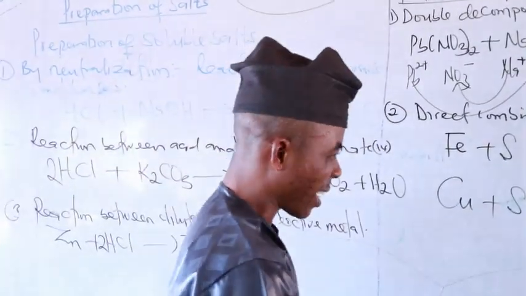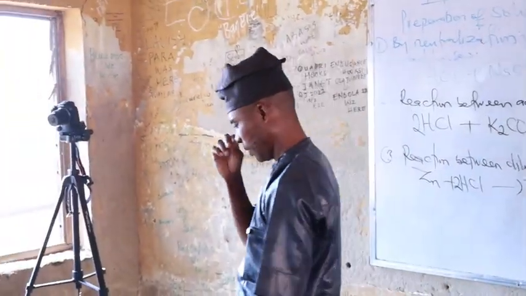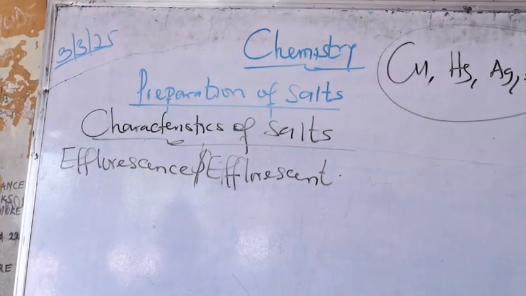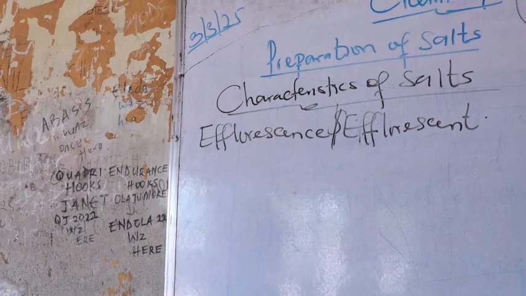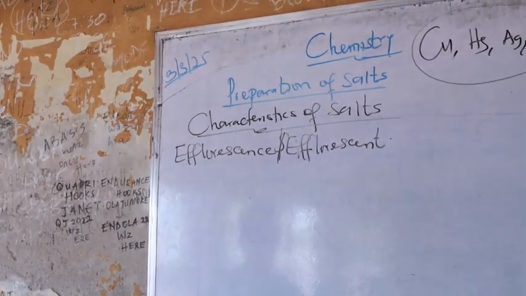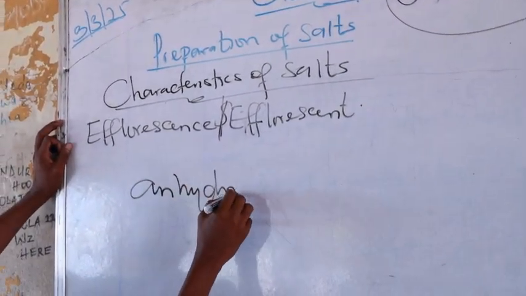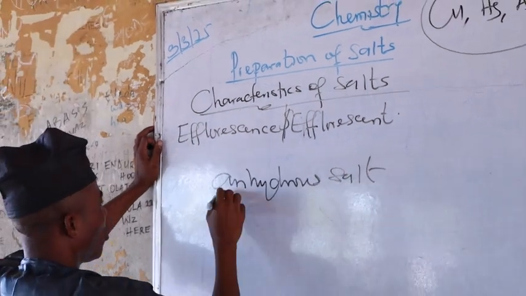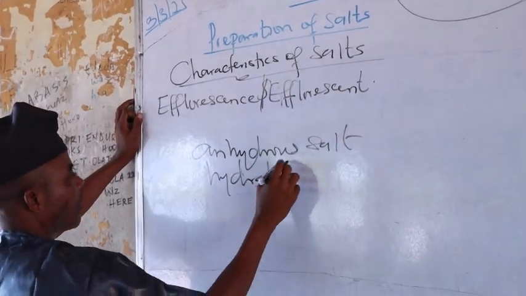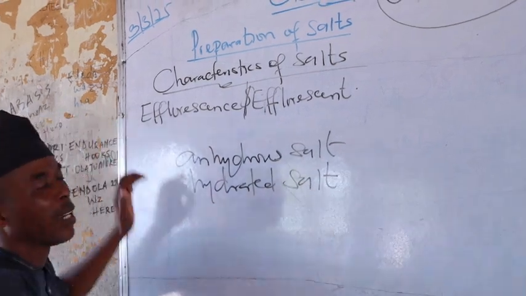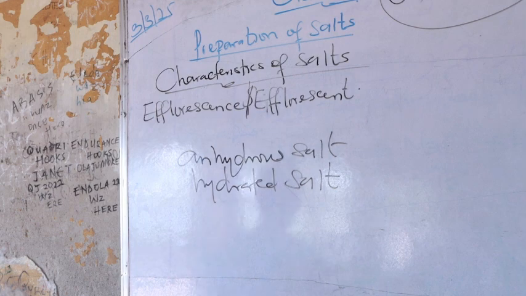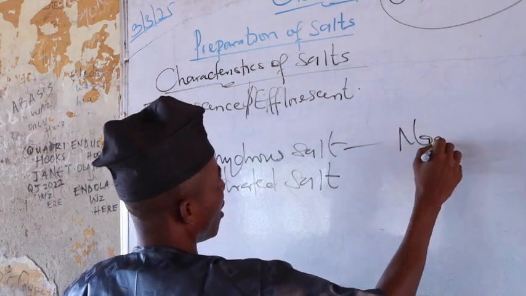Now let us move on to the characteristics of salt. Salt can be classified into two: anhydrous salt and hydrated salt. A salt without water chemically attached to it is referred to as anhydrous salt. But when water is attached to a salt, it is referred to as what?